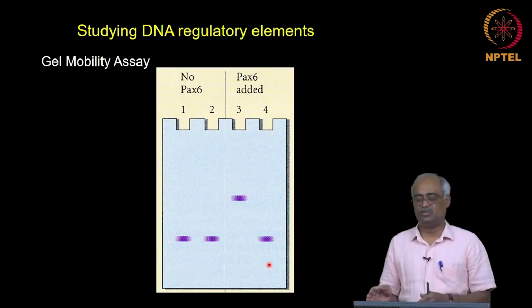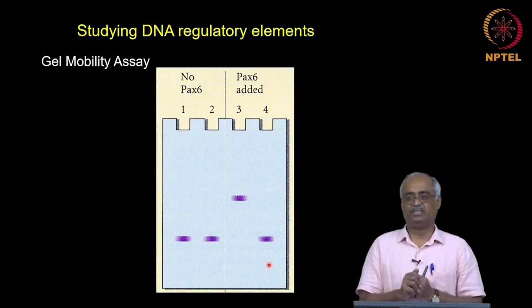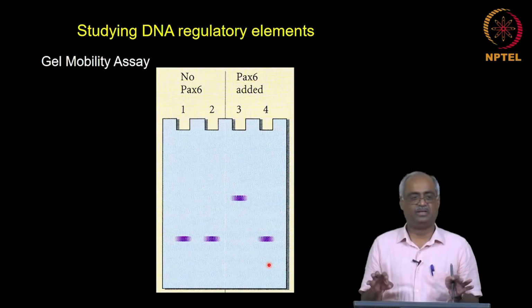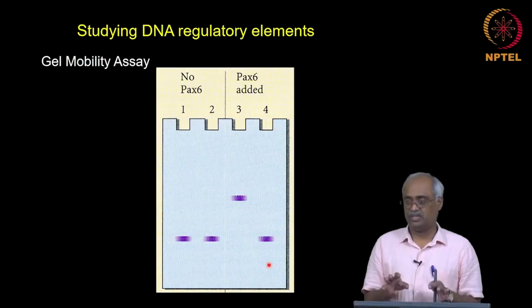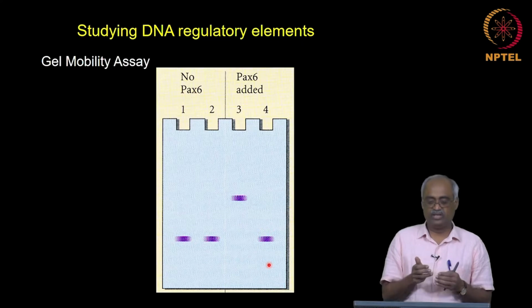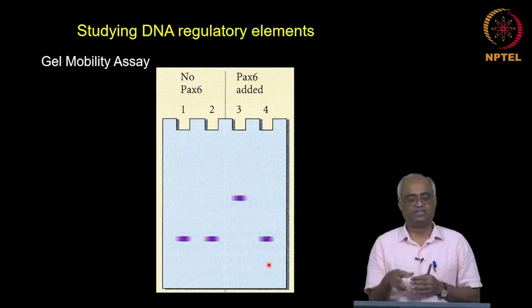So, we are going to now look at a series of experiments that help us to identify sequences in the promoter region and as well as elsewhere in the vicinity of gene that could be contributing to transcription. One, and second, we are also going to look at how does one find transcription factors, that is trans-acting factors like proteins.